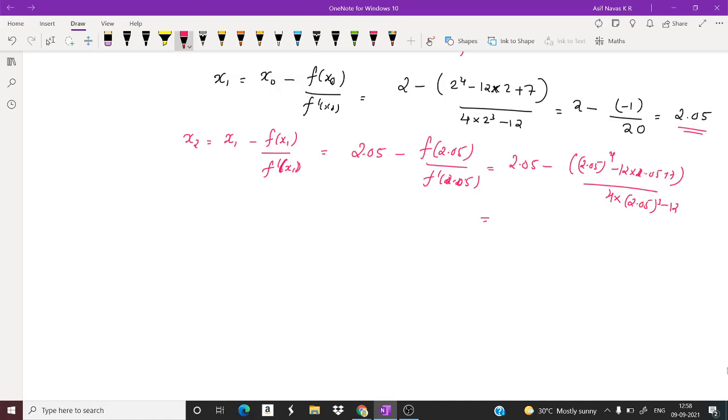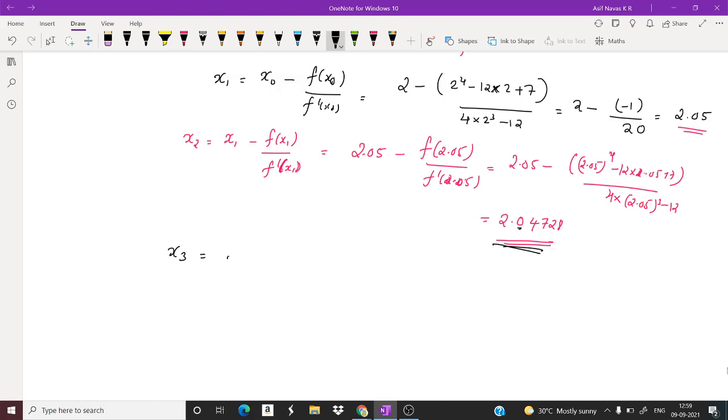So have you got this answer? 2.04728 from the calculator. Anybody? Similarly, you find out x3. So here, one decimal place. If we have correct up to 4 decimal places, then we will stop.